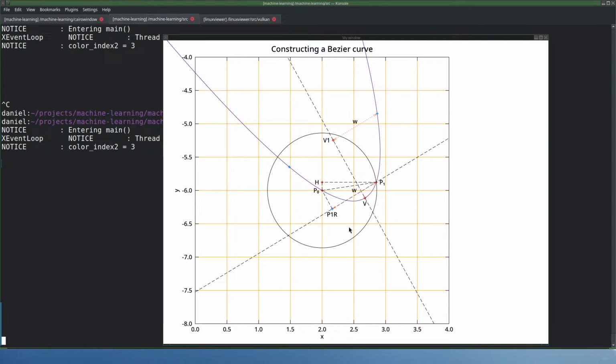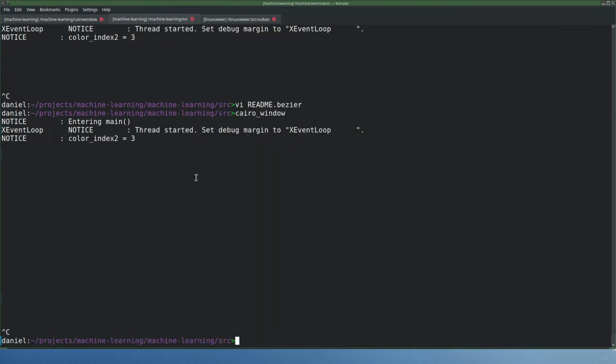Trying to think of what that relationship is, I thought I can draw a circle through P0 and P1. I'm going to get rid of this circle because it has fulfilled its purpose. I want to have a circle that has its middle point exactly in between P0 and P1 and goes through P0 and P1. Let me start with that.